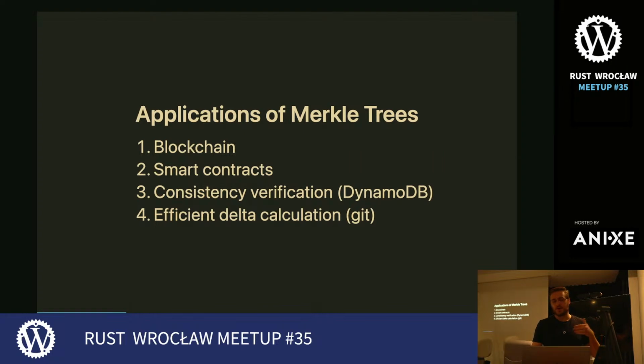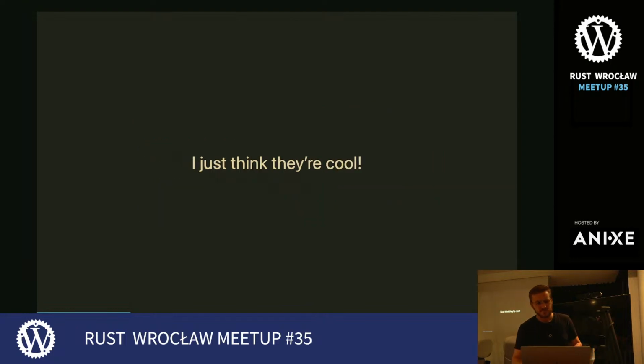However, during a brief research for this presentation, I also learned that apparently AWS's DynamoDB uses Merkle trees for consistency checking, and this is probably very contentious, but I found an article which explains that Git version control system uses Merkle trees internally to produce efficient deltas of the data that you wanna check that you have the right ones. Even though I'm pretty sure they don't actually call it a Merkle tree in the implementation. But I just think Merkle trees are cool.